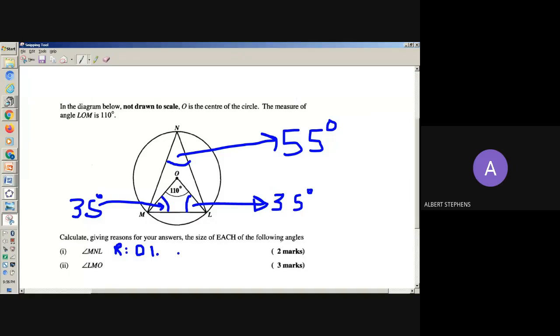And then LMO is what? 35, not true? L to M to O, the little piece here, is 35.